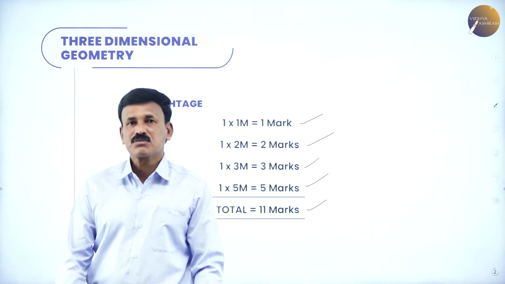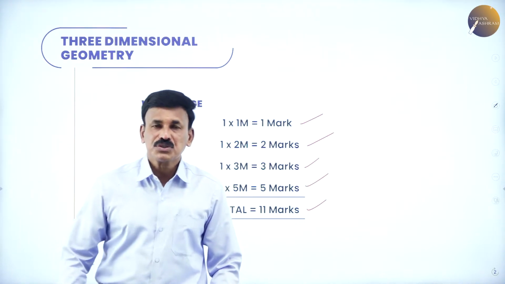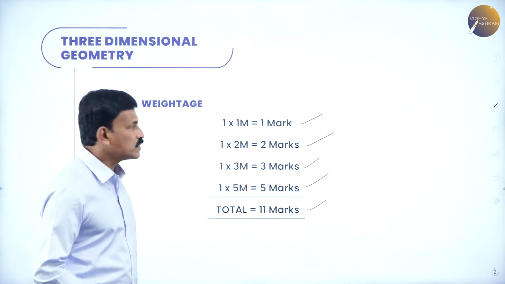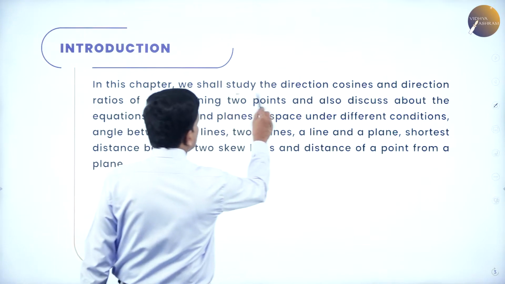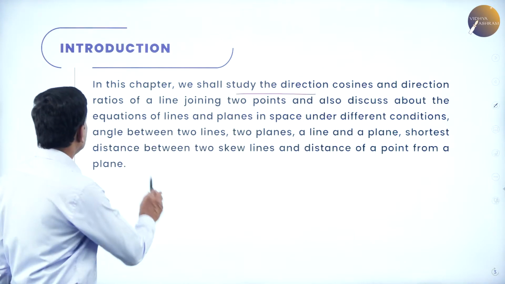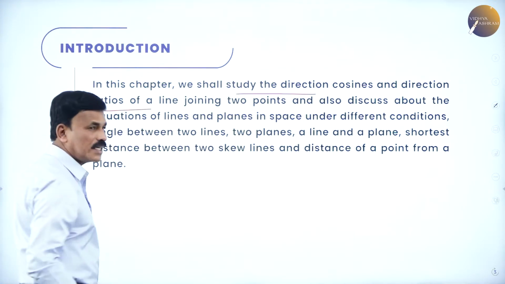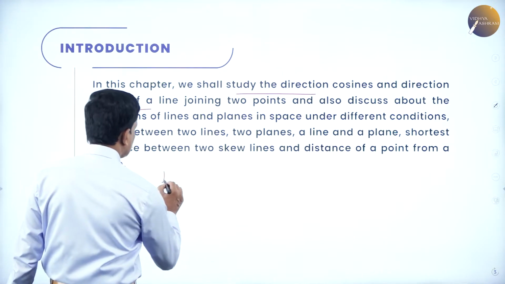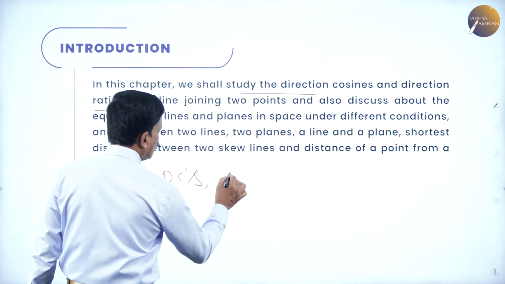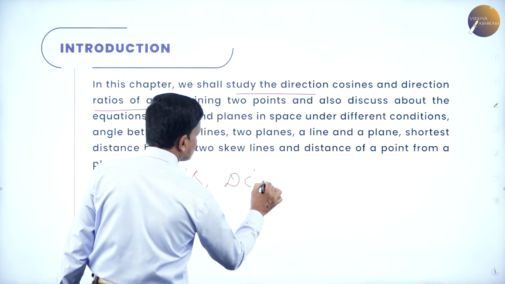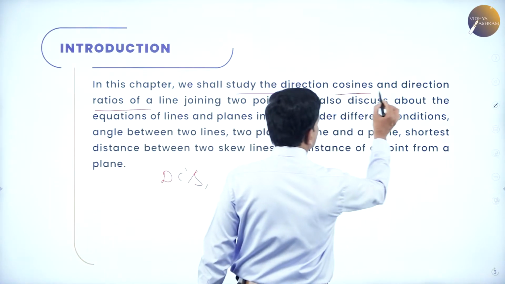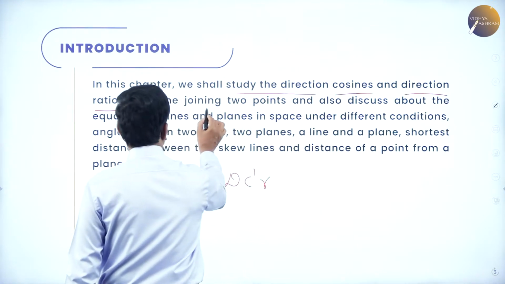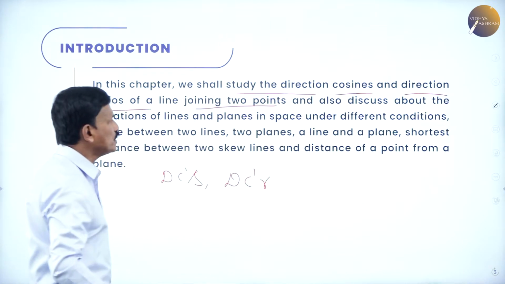What are the contents, what are the topics we are going to discuss in this chapter. We shall study the direction cosines and the direction ratios of a line first, and the direction cosines and direction ratios of a line joining two points.